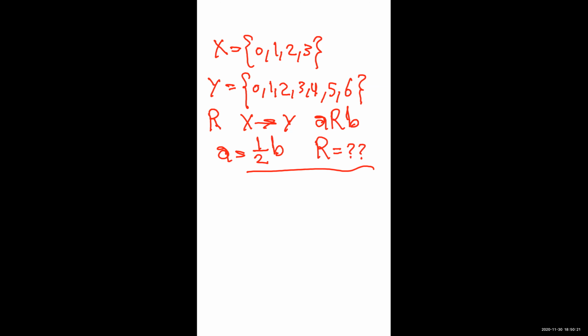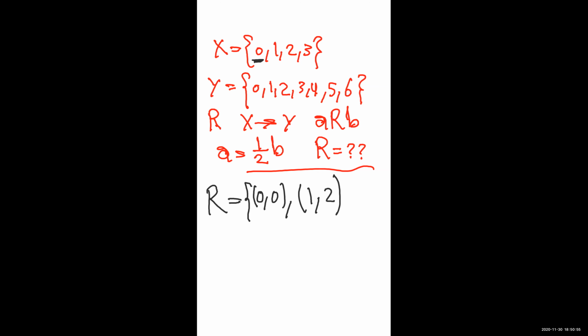It's very easy. So now I'm going to write the relation, which will equal the set of... What is the first element here? Actually, it's 0. Then a equals half b, so (0, 0). Then 1: 1 equals half 2, so (1, 2).